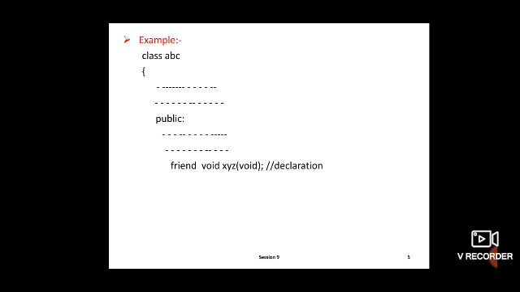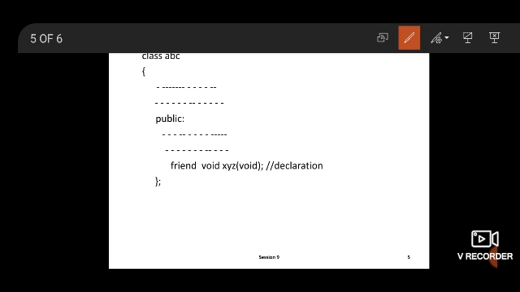Now see an example. Suppose ABC is a class. In its public section a friend function is declared: friend void xyz(void). This is a friend function declaration. How to write the function body comes at the end of this class. Suppose you create another class, class y.